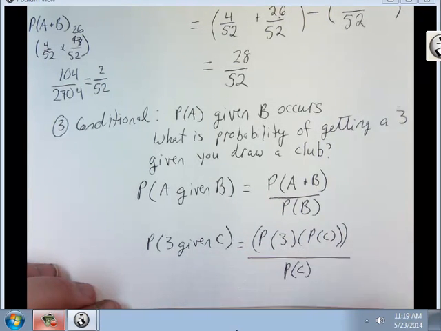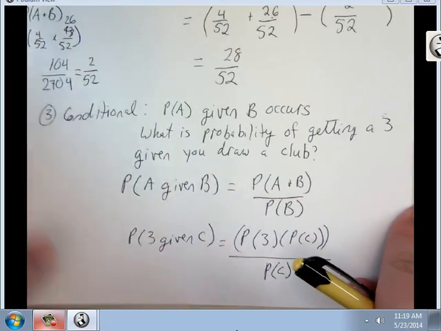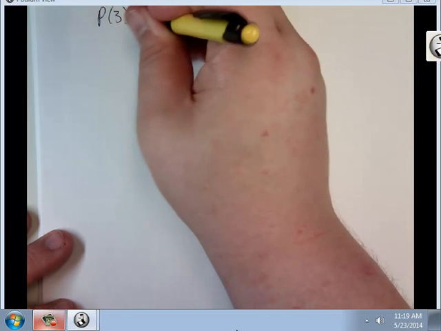That's going to be fun to try to squeeze in here. Let's just go to the next page. So we're looking at probability of a 3 times probability of a club over probability of a club.